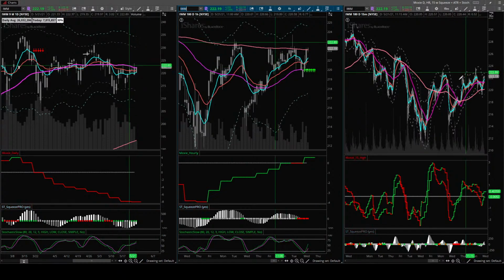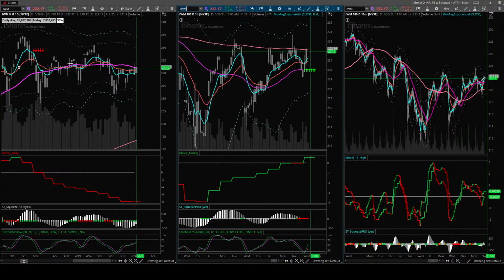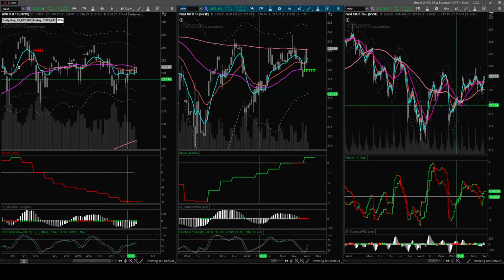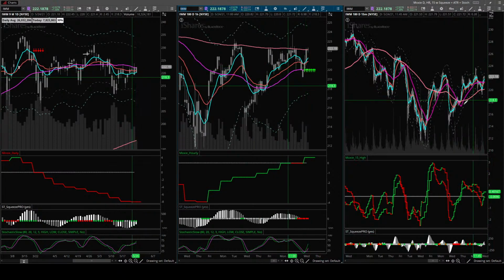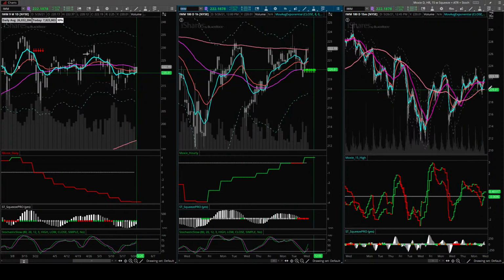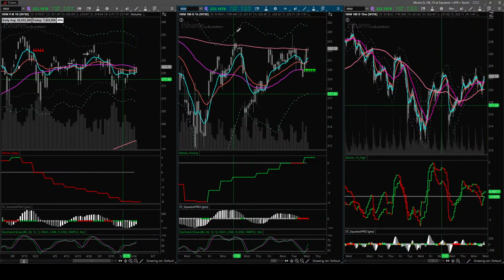And if we look at the 15, we want to see price continue to follow the 15-minute 50, which also, if you look at the 15-minute 200, we could see price moving up along the 15-minute 200. And that would be great.